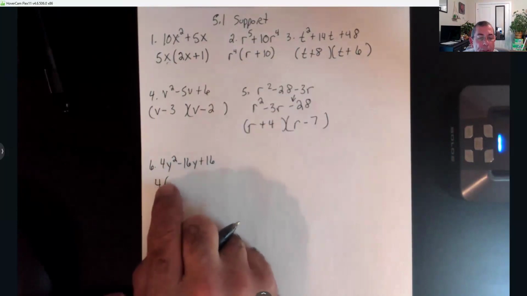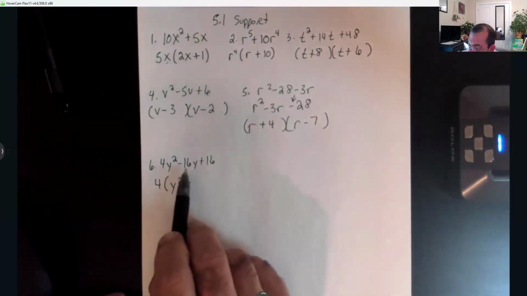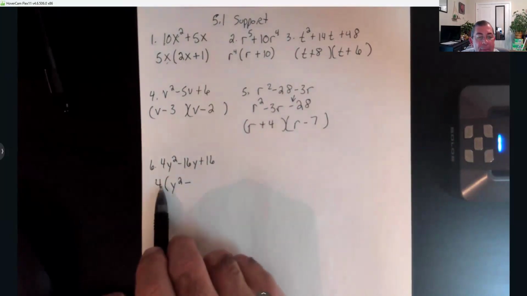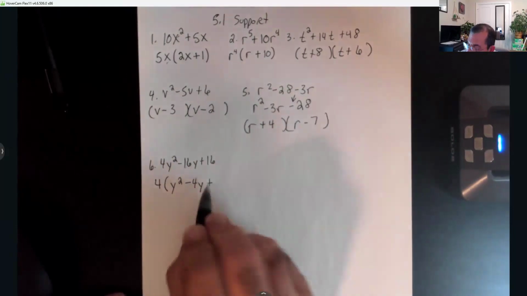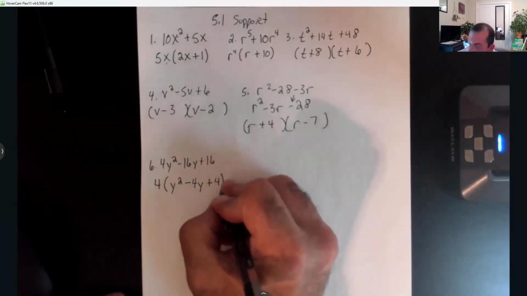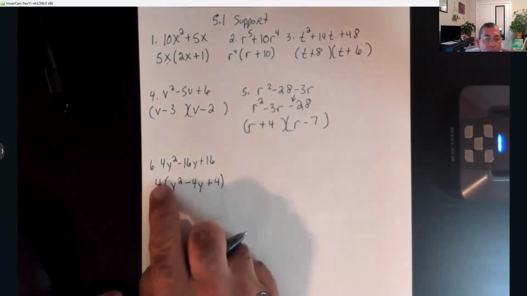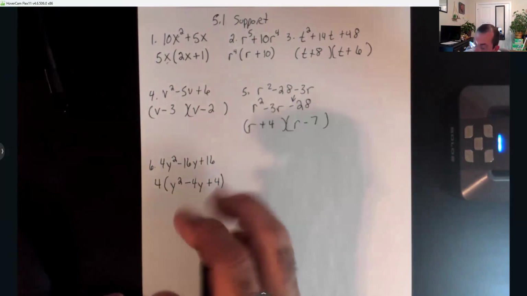4 divided by 4 gives me a y squared, minus 16y divided by 4 makes that a 4y, plus 16 divided by 4 makes that a 4. So this one, we factored out the 4. Now we have to factor this part.